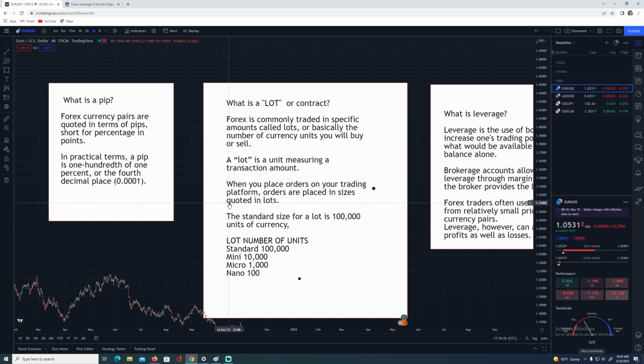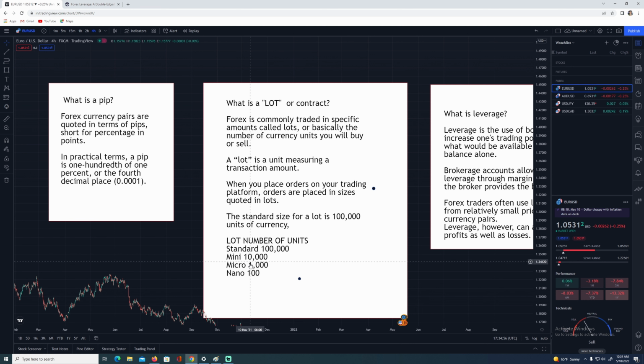Now, some stores are going to allow you to buy just 1 or 2 eggs. Same thing, some brokers are going to allow you to buy maybe half a dozen eggs. In this case, a mini lot, which is 10,000 units. And some other mini supermarkets are probably going to even sell you eggs by single units.